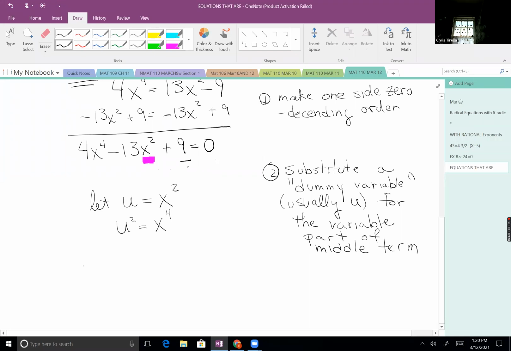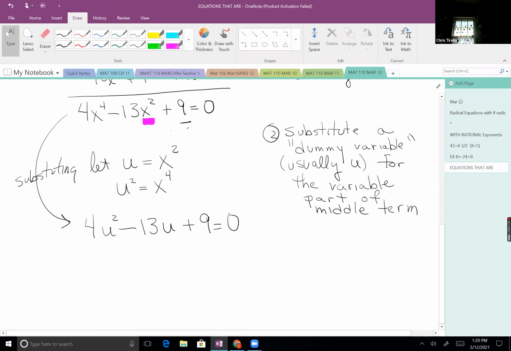And so I then get my equation substituting x to the fourth is u squared, x squared is u. My constant stays the same. And now I do have a quadratic equation that I'm going to solve.